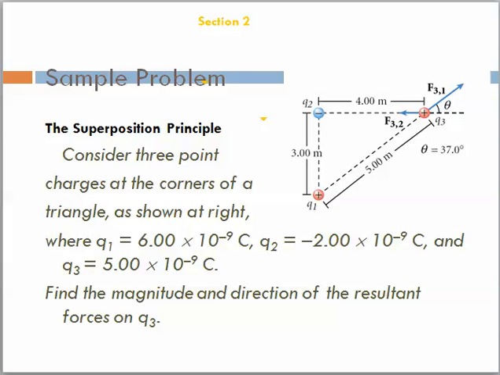All right, let's start to learn something here about this force then. We've got these 3 charges here, and what we really want to find is the magnitude and direction of the resultant forces on Q3.